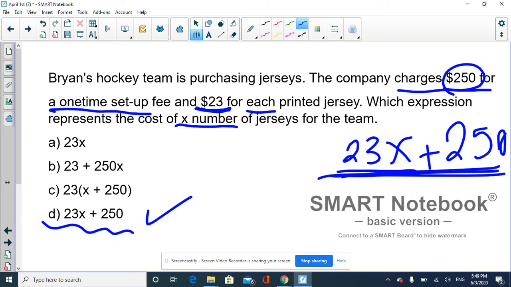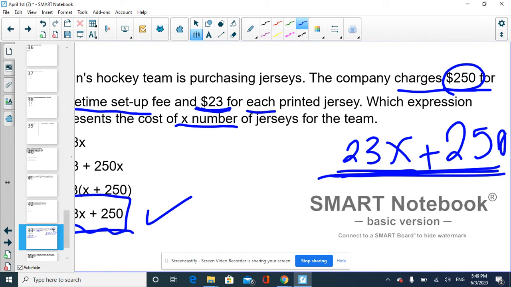So this one is the correct answer. This expression doesn't have an equal sign, it doesn't have greater than or less than, so it's just an expression. It's not an equation or inequality. Okay, so we just find an expression that represents this story.